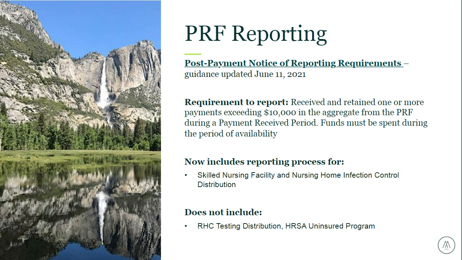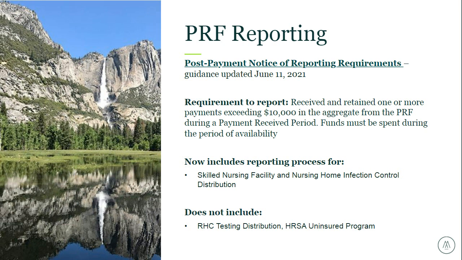So the major thing that this did was create kind of a phased approach to the reporting with various funds received periods that then determine what your reporting timeline is. And so you really have to be mindful of when you received funds, because that is going to determine when you report on those funds.